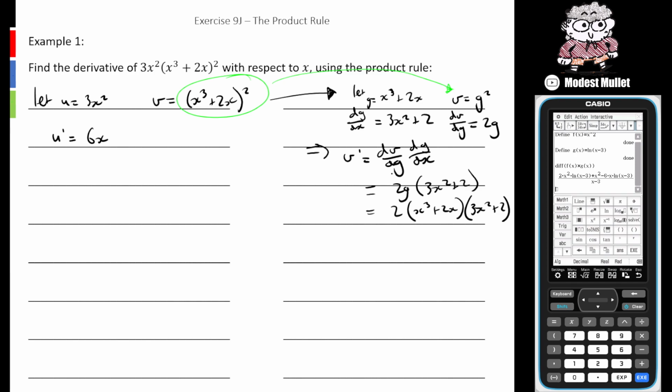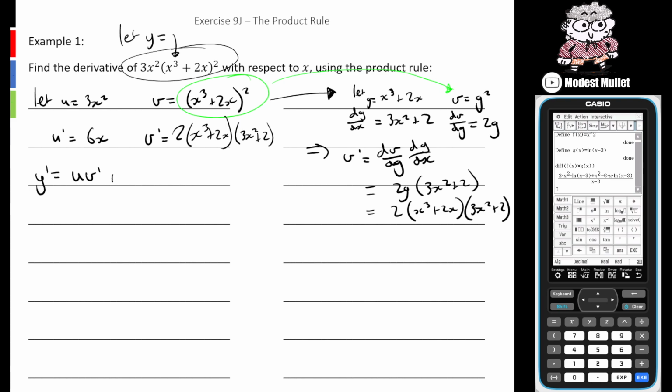That's our derivative finally, so we can write this over here: 2 times x cubed plus 2x, times 3x squared plus 2. Now we can finally find the derivative of this, where we let y equal that. So y dash is equal to u v dash plus v u dash.